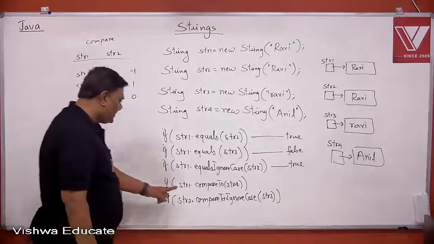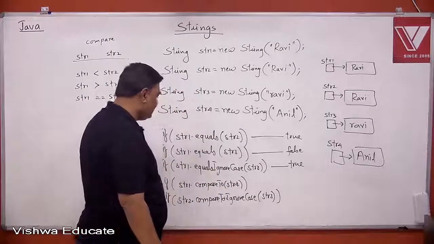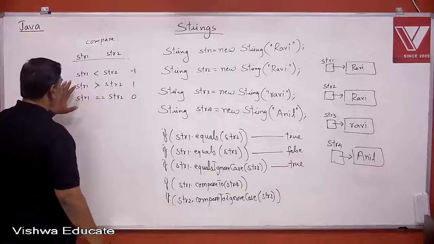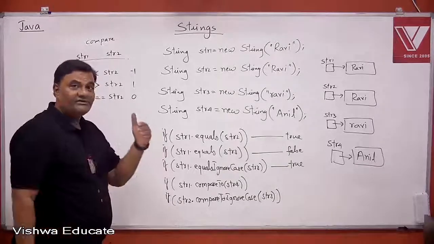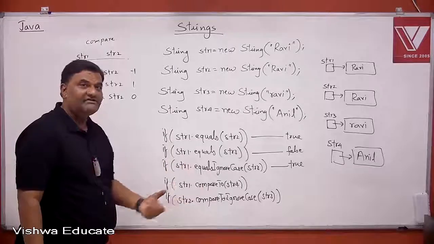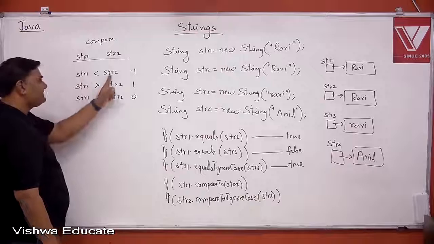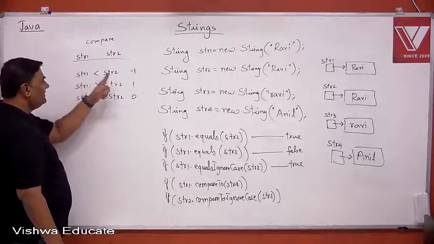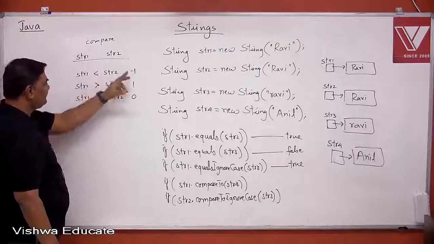So see who comes first, str1 or str4? Who comes first in the dictionary? The one who is coming first is small, and the one who comes afterwards is greater. So if this is coming first and this is afterwards, then this is small, and we get -1.